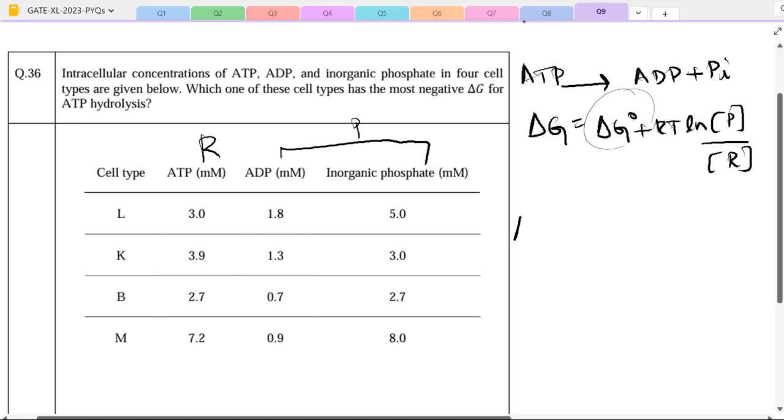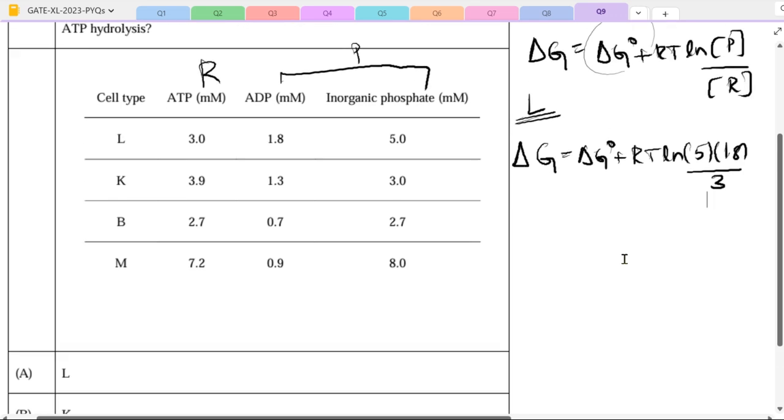Now we will just write it for cell type L. Let us start with that. For cell type L, delta G equals delta G naught plus RT ln 5 into 1.8 divided by 3, because the products are ADP and inorganic phosphate. If you simplify this, you will get delta G naught plus RT ln 3.